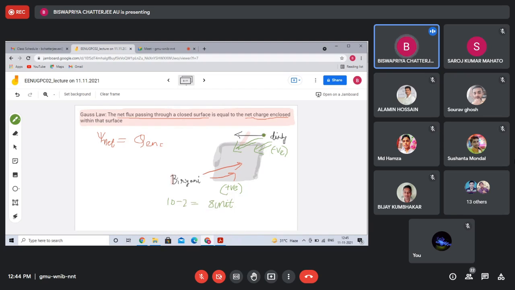Similarly, a person walking through that road is feeling 5 units of bad flux and 1 unit of good flux. So he is feeling 4 units of bad flux, or 4 units of bad fragrance. So that is the meaning of this term net flux.